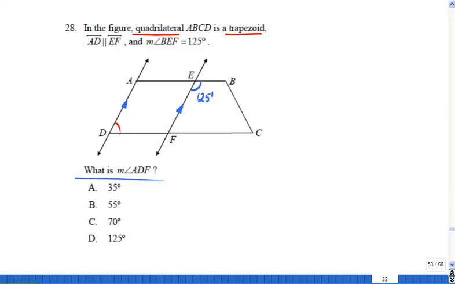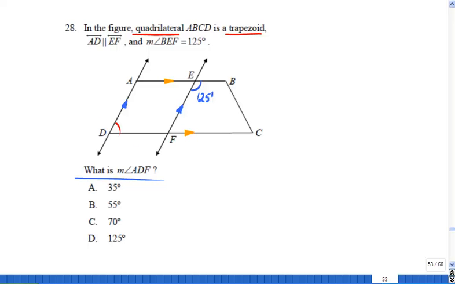Well, a trapezoid is a quadrilateral that has a pair of parallel sides. And in this case, it's really obvious that the parallel sides are AB and DC. I don't think that AD will be parallel to BC. That's kind of way off from this figure.